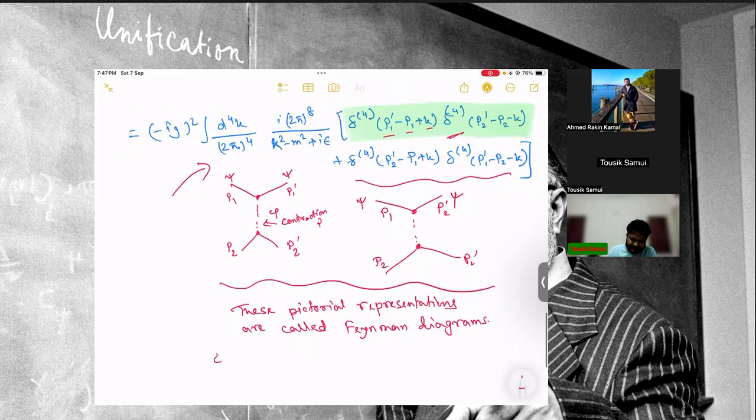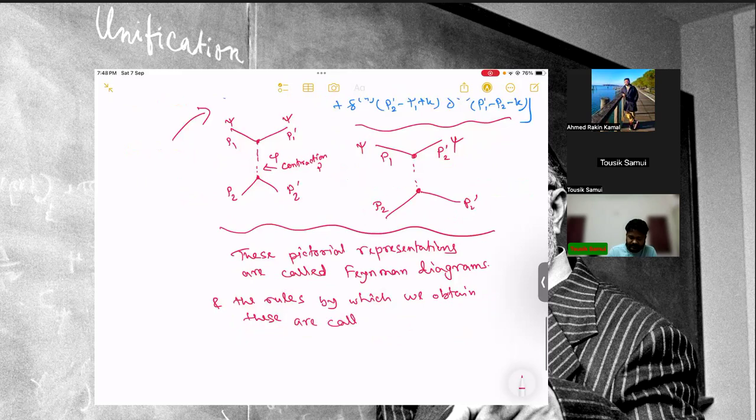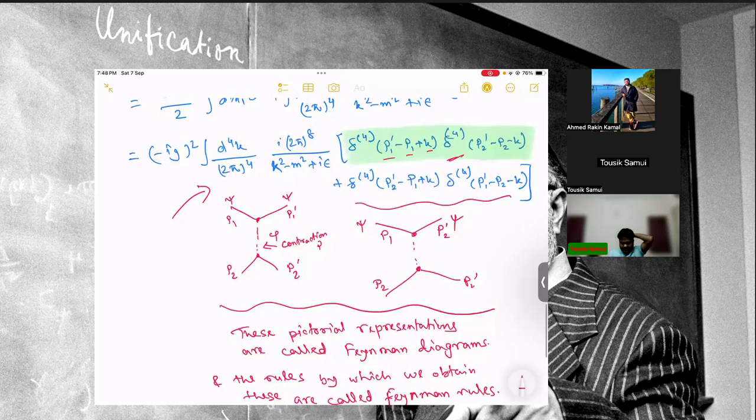All this calculation that I was pointing out earlier finally boils down to a few branches of the contraction operator, which eventually gives us this 1 over k squared minus m squared term, and some delta functions that say there is momentum conservation.